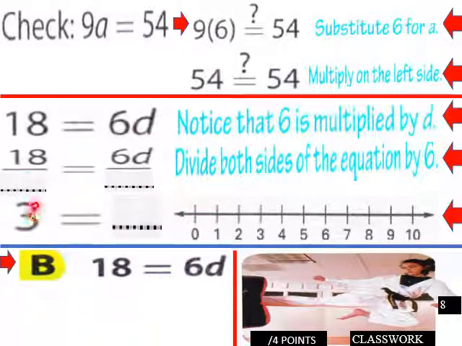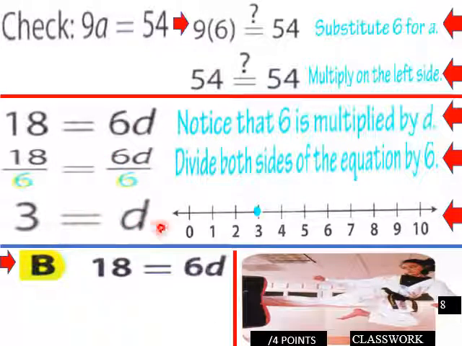So we got 3 here. We got a 3 because we divide 18 by 6, and then 6d divided by 6 will just leave d, right? So 18 divided by 6 will be 3. And then the 6's here will cancel. Then we're just left with d. d equals 3. And there's our plot of the solution on a number line.